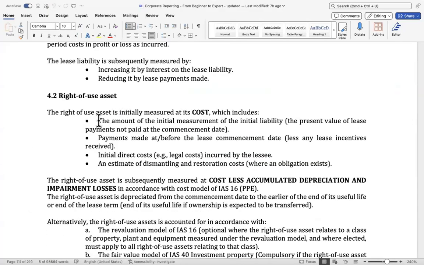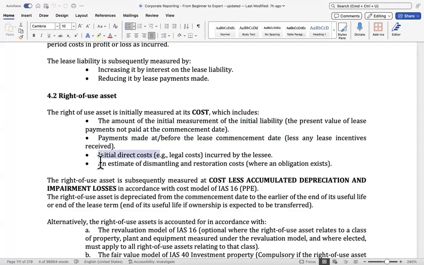So the right of use asset is measured initially at the amount of the initial liability, which is the present value of the unpaid lease rental at the commencement date. However, if there is any payment that is made at the commencement date, that should be added. If there's any initial direct cost, that should also be added.